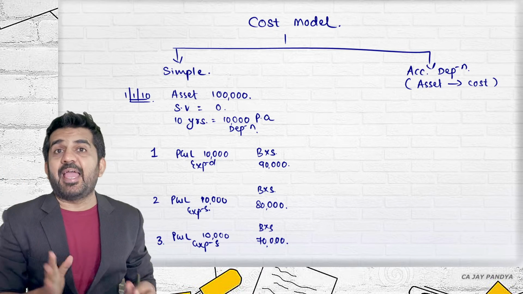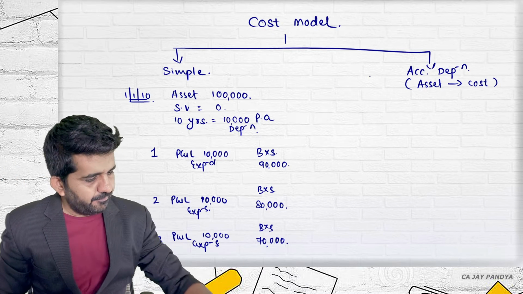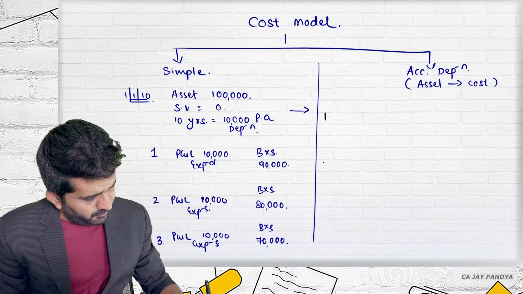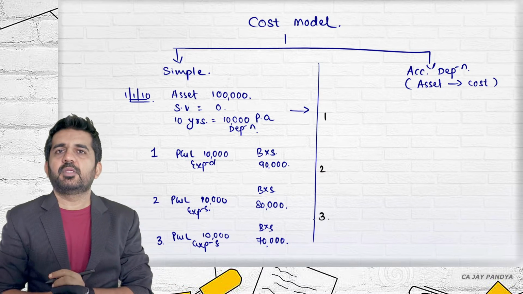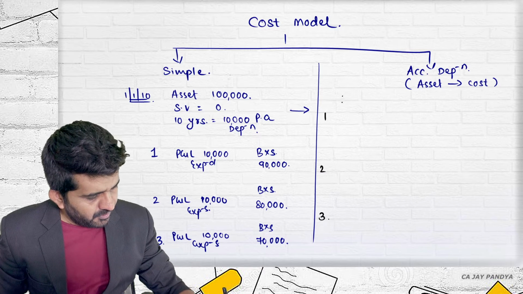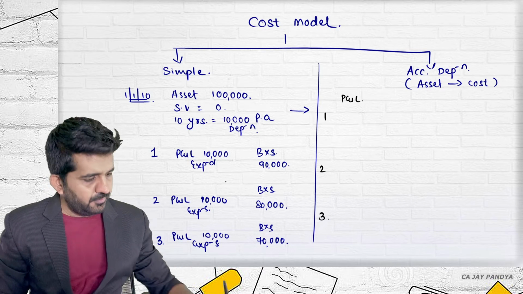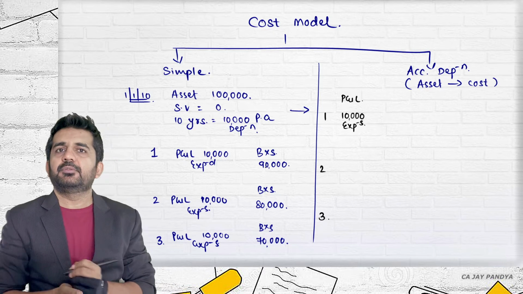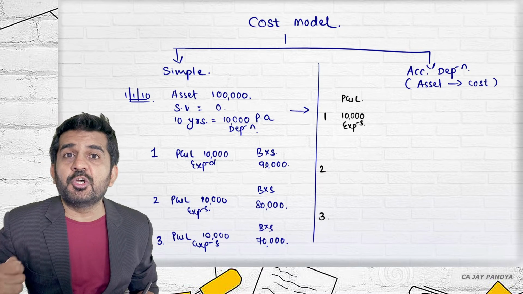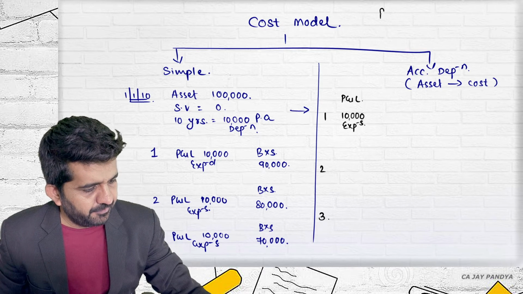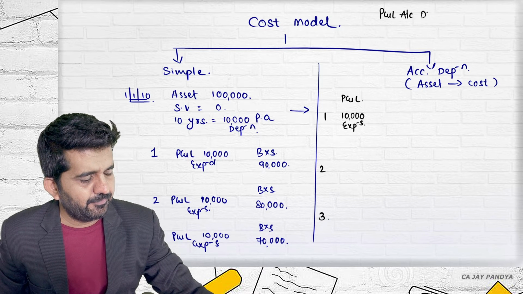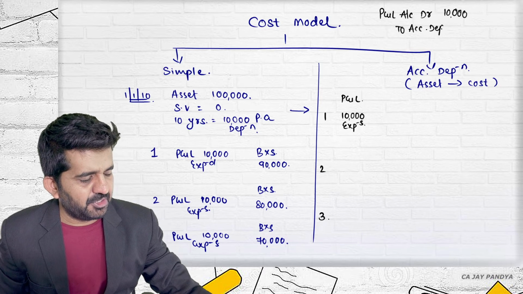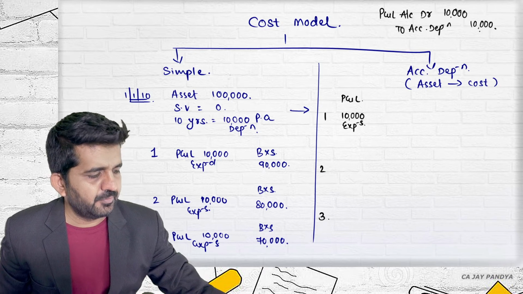Now what is accumulated depreciation? Try to concentrate. In the same example, let us write down first, second and third year. In first year, profit and loss account will be debited by 10,000 rupees as expenditure. What journal entry will be passed? P&L account debit 10,000 rupees to accumulated depreciation 10,000 rupees.